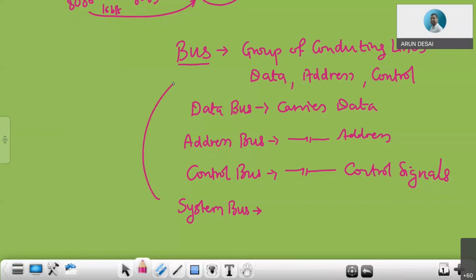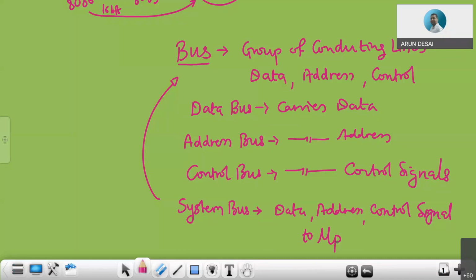If my conducting lines carry data or address or control signals to the microprocessor system, then that bus is called a system bus, right?